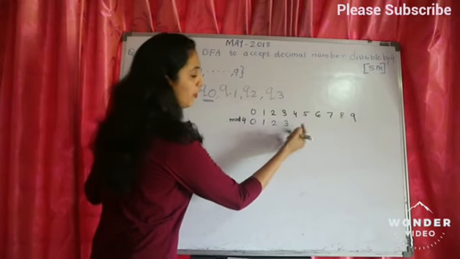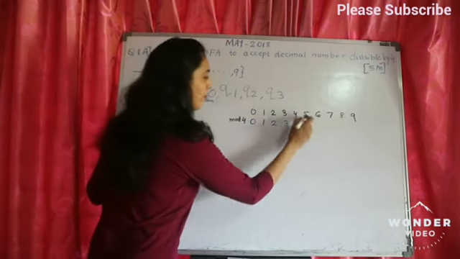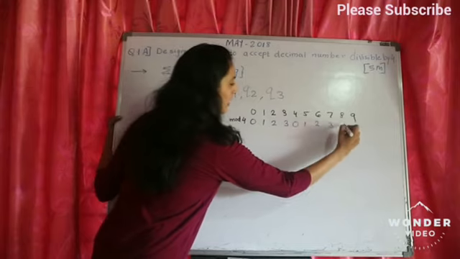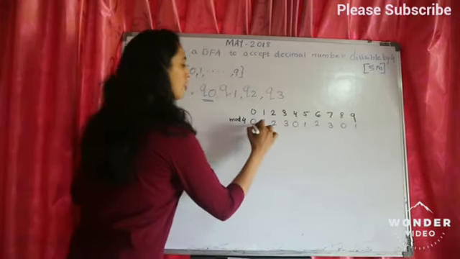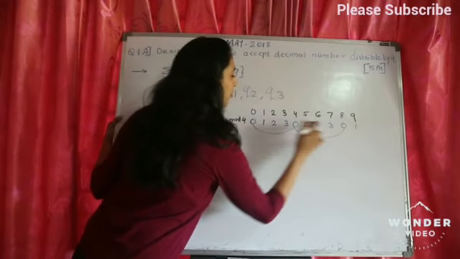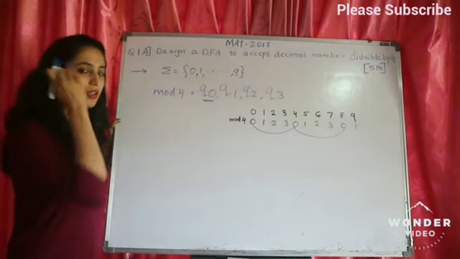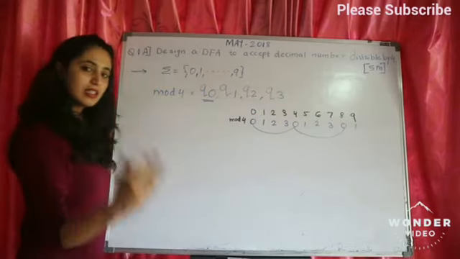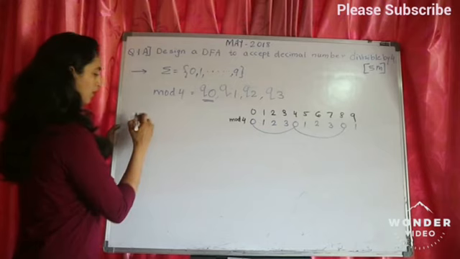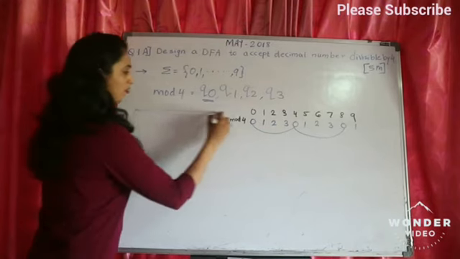Similarly, 4 mod 4 will give me 0. 5 mod 4, 1. Like that, these will be the values. Now if you see, these 3 numbers are giving me mod 0 as the answer. That means all these 3 numbers, 0, 4 and 8, are acting the same. Now let us come to drawing the table of this DFA.